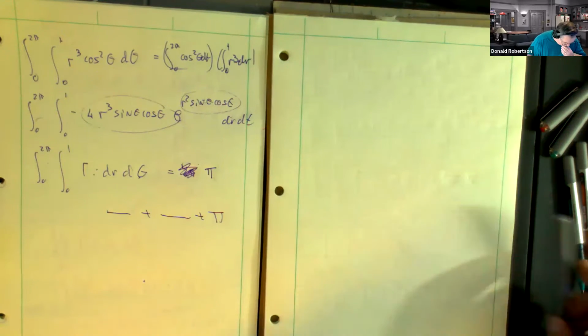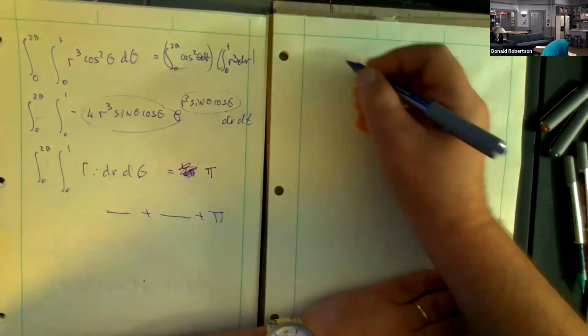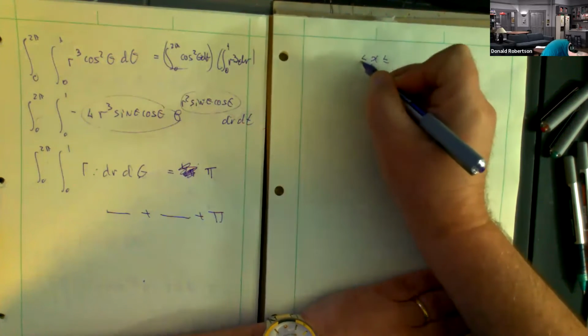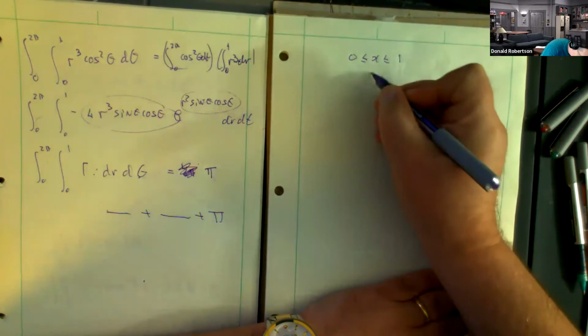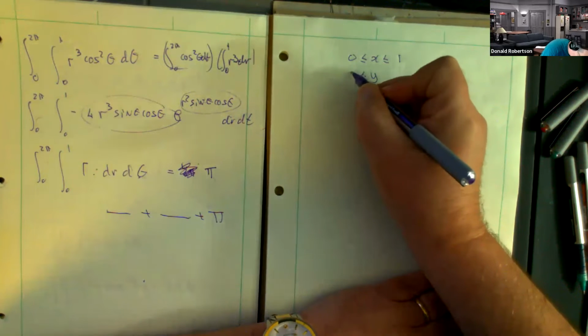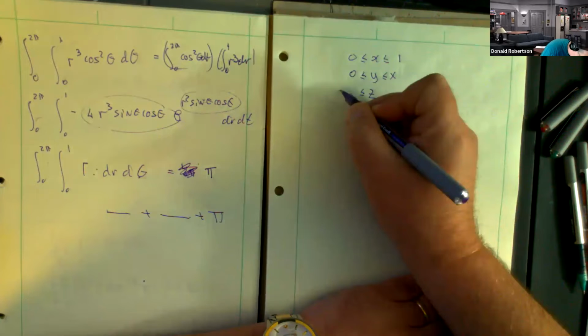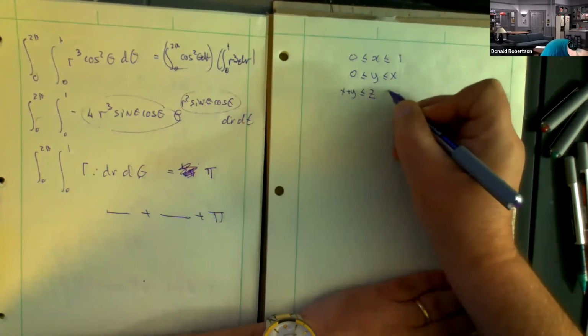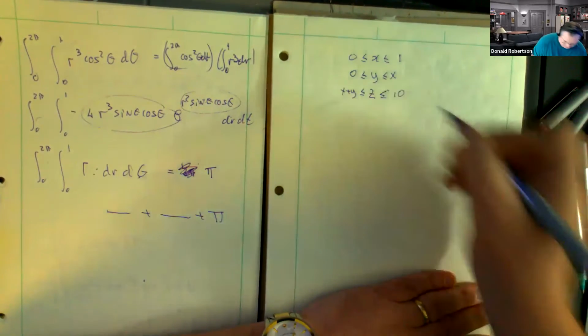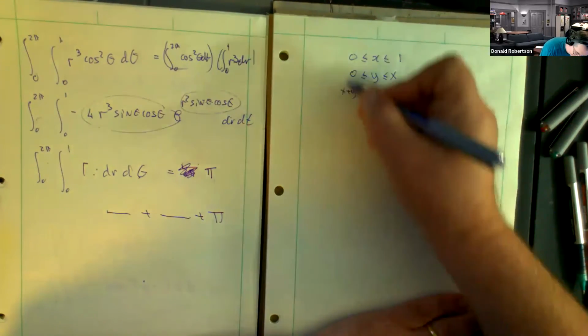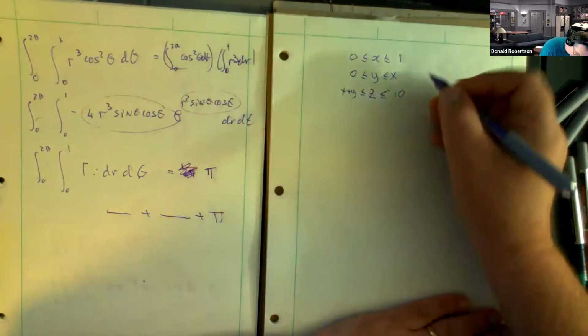Different kind of volume question. Suppose I tell you x goes from 0 to 1, y goes from 0 to x, and z goes from x plus y to 10. So this is your region that you want to find the volume for.